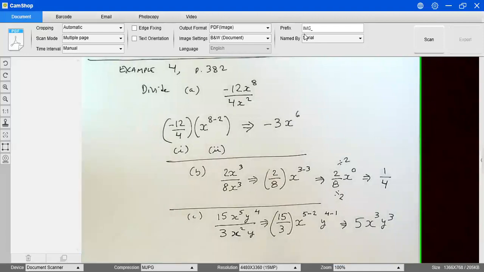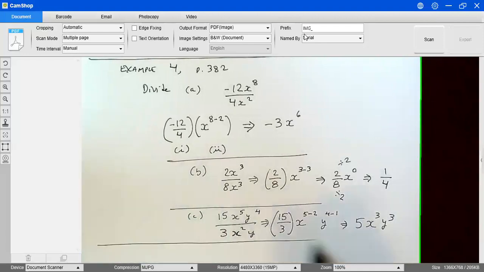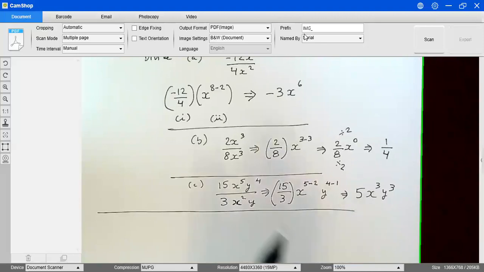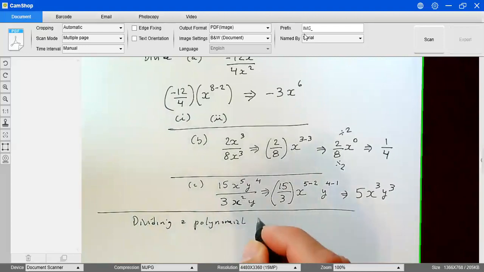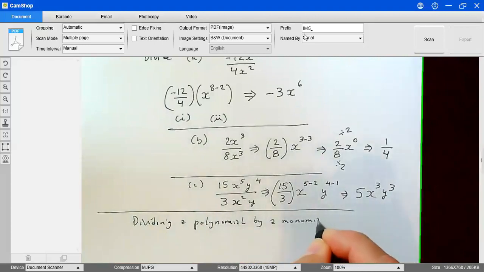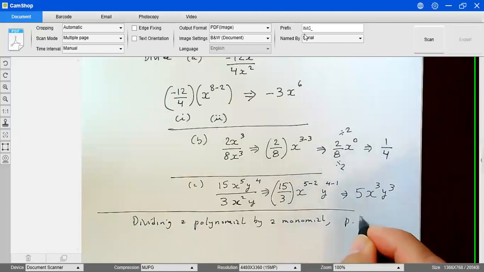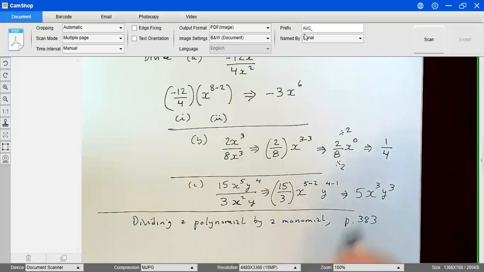So I'm going to work now the next part of the section. We're going to divide a polynomial by a monomial. So this is on page 383.